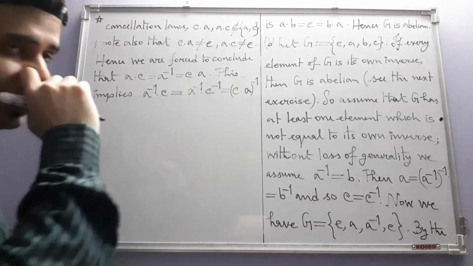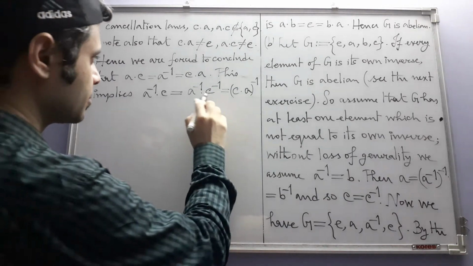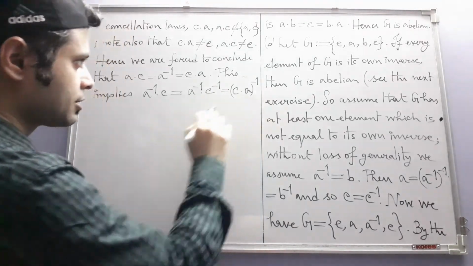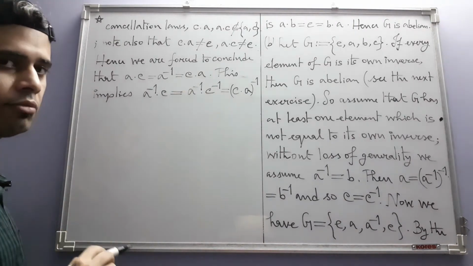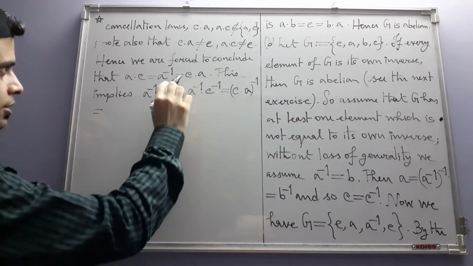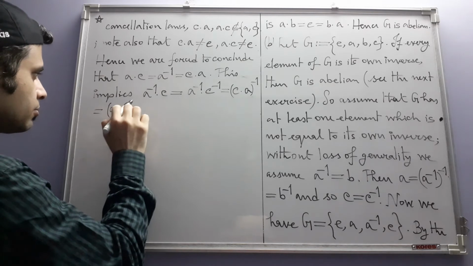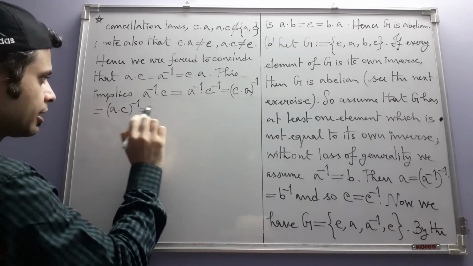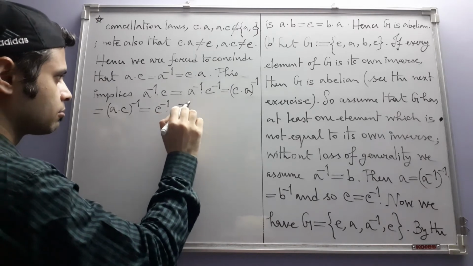We have already seen that we proved this elementary property in one of the lemmas, that if you take the inverse of a product, you take the product of their inverses but in the opposite order. Now C dot A is equal to A dot C, and now you run the calculation in the other direction.